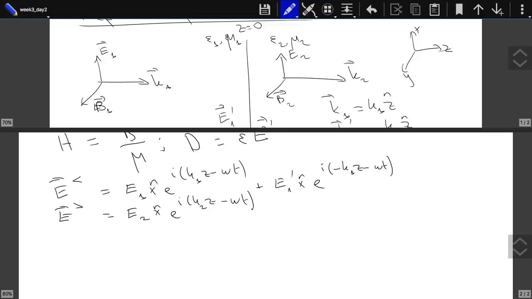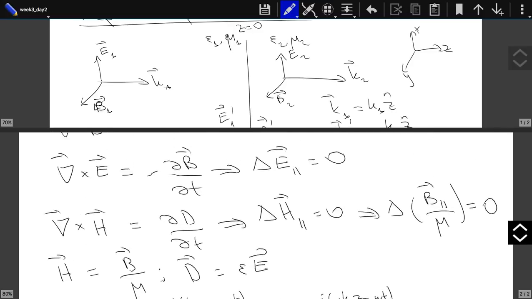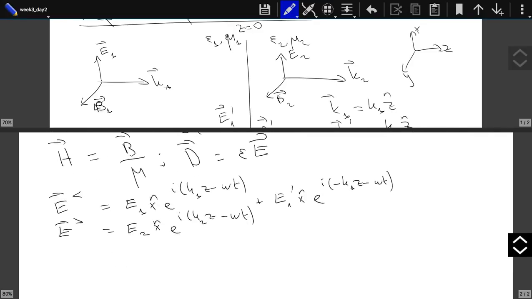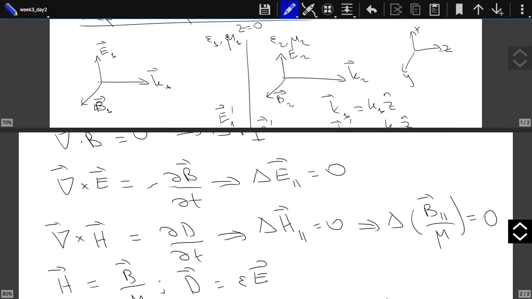So these are my conditions. What did we just derive? To start with, these are both parallel to my electric field, so there is no perpendicular component, both are parallel. And we know that the parallel component of the electric field has to be continuous.